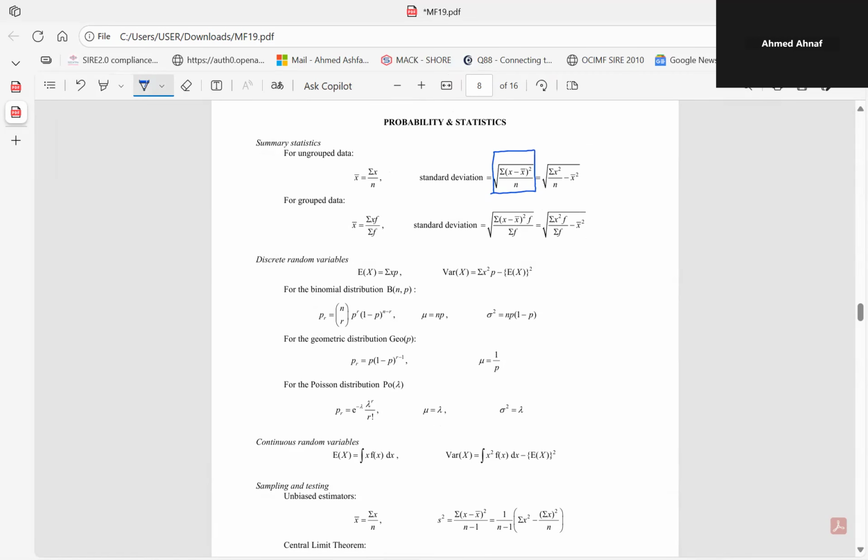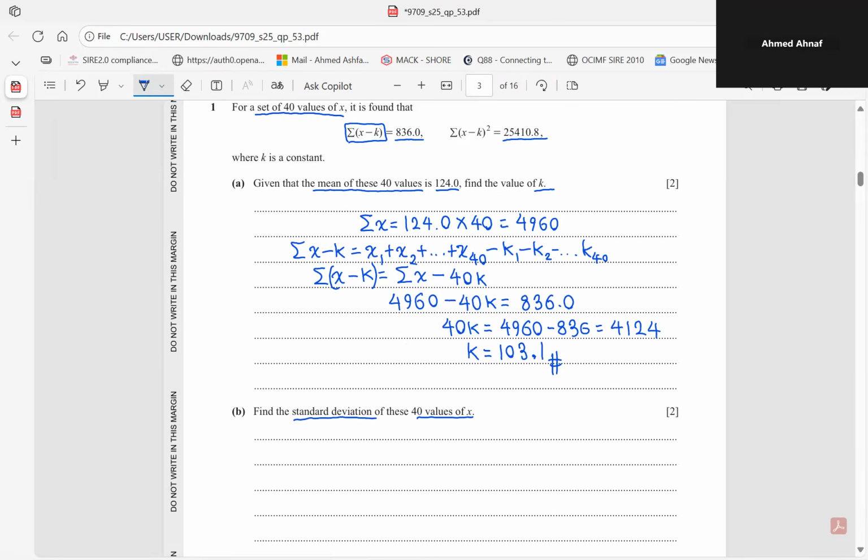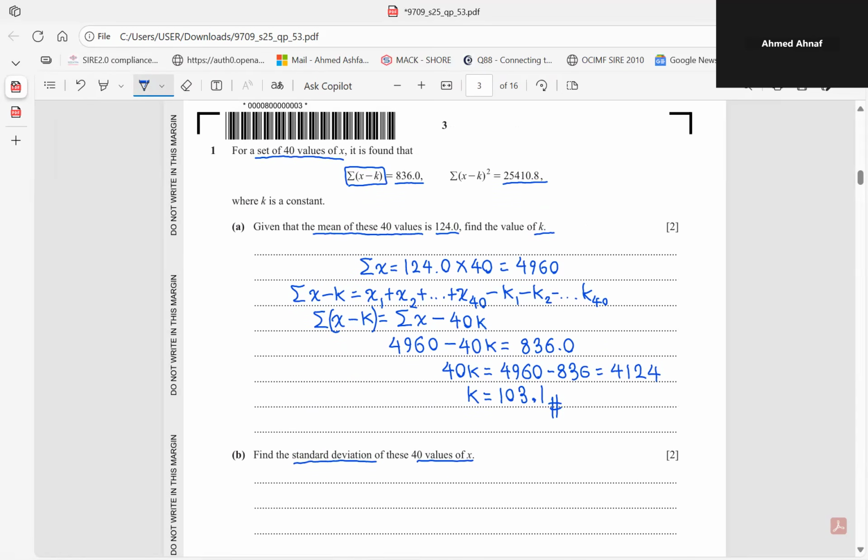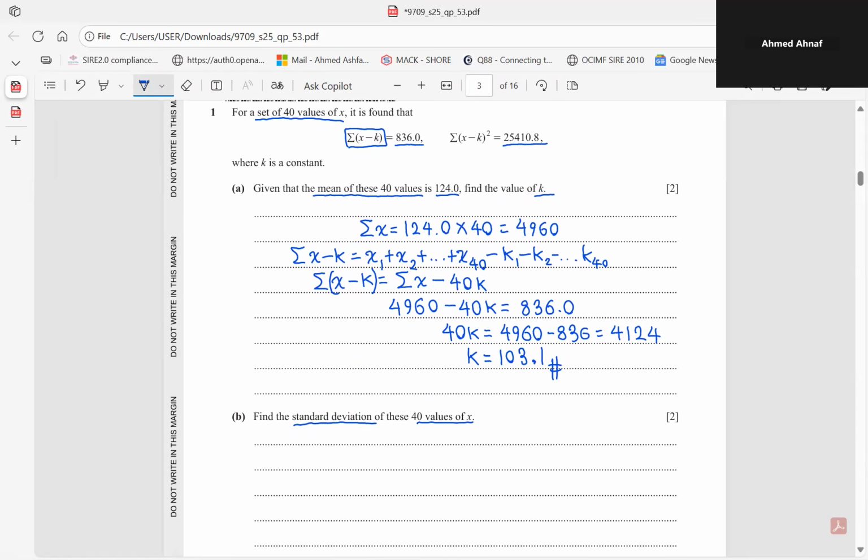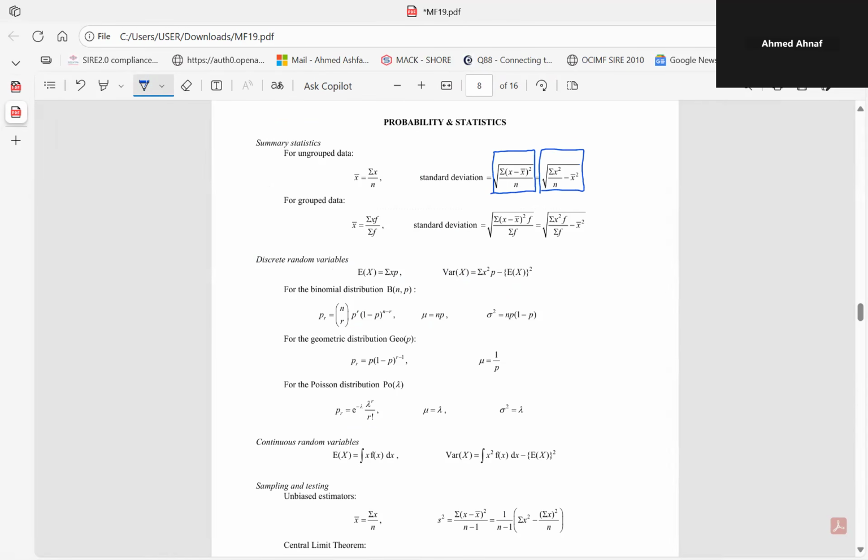One is this, and one is this. To choose which one you have to use, just check the information that you have been given. So we are given x minus k squared, which is the same as this.